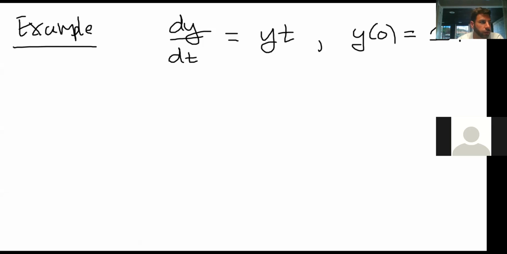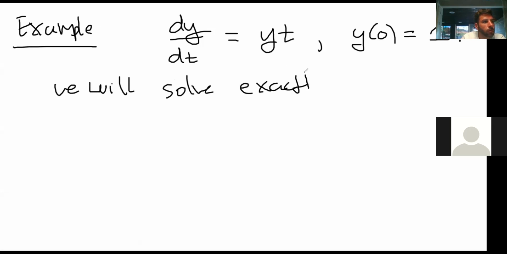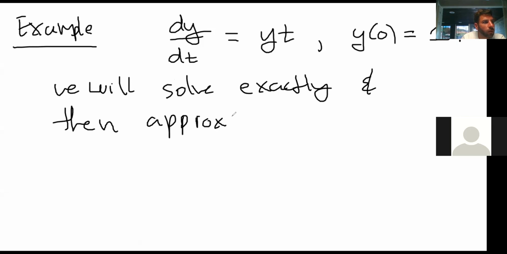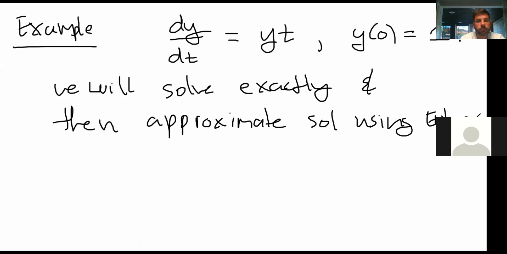So we're going to solve this 2 ways. The first thing we'll do is solve it exactly, and then we'll approximate the solution using Euler. All right, so hopefully everybody understands what we're going to do? We're going to do it twice, 2 different ways.